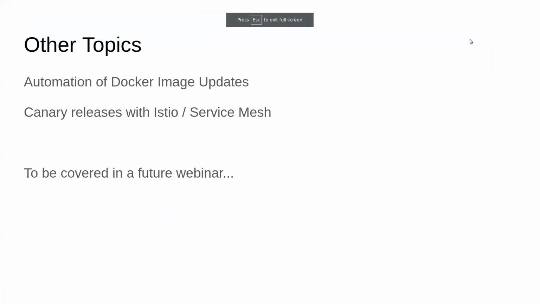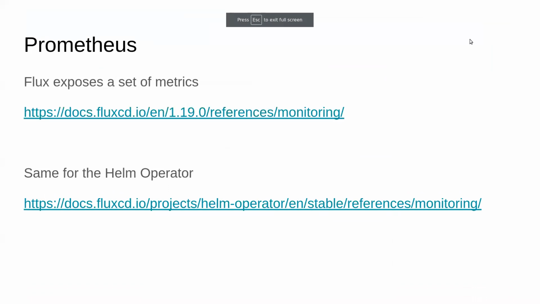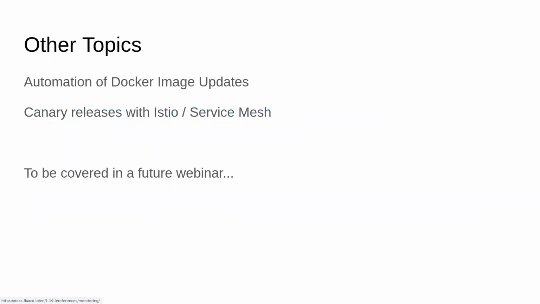Flux also has a set of metrics. They're not so useful because they're more operational for Flux itself. And then there are other topics that Flux handles that we didn't cover today. One is automatically updating the Docker images. We usually hard code the tag that we want to use in the Helm definition.